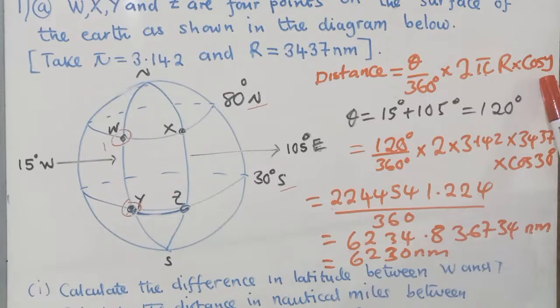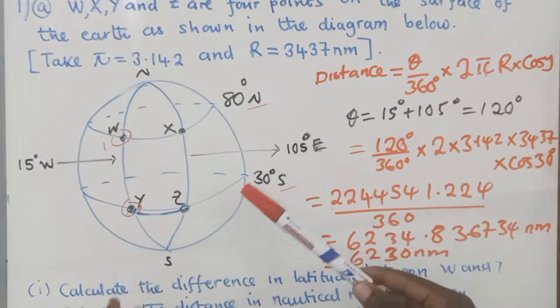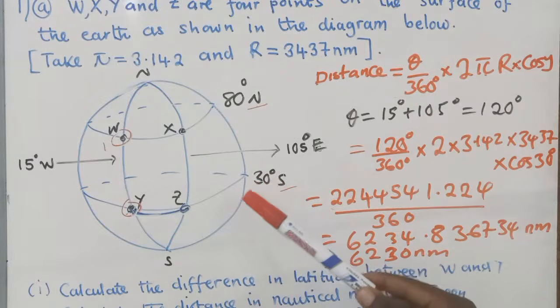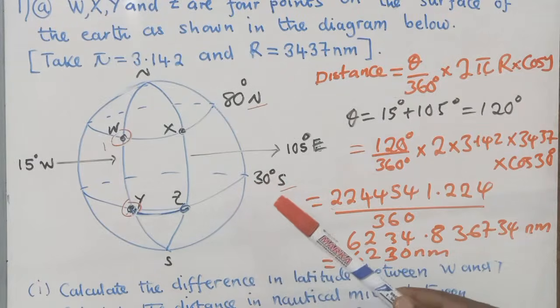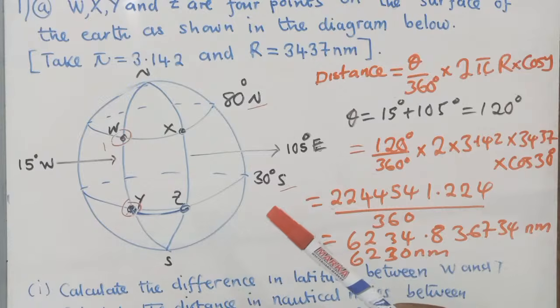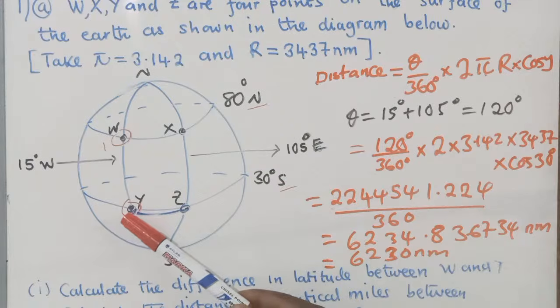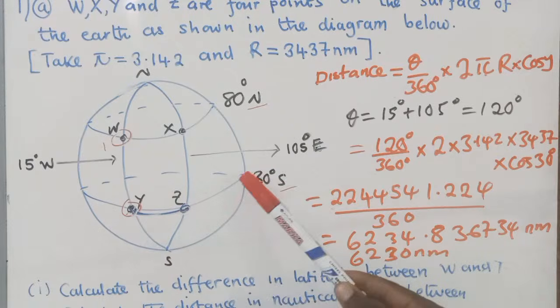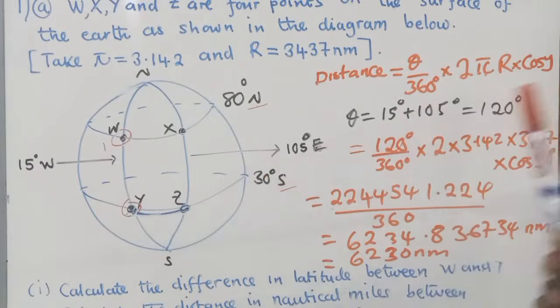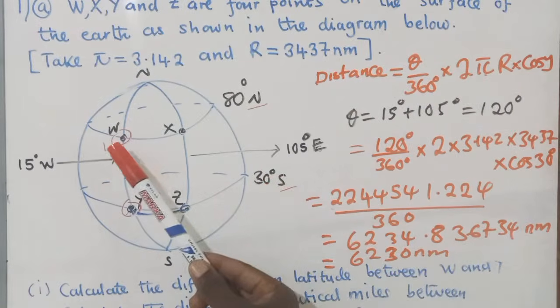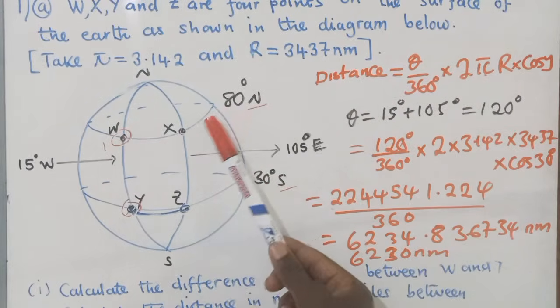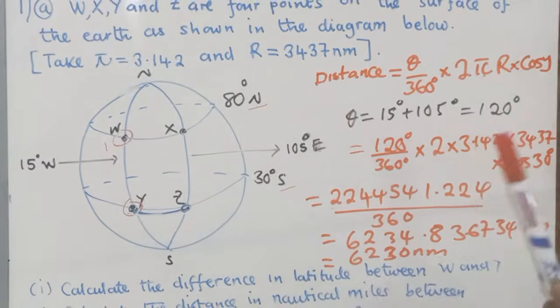And this y should be the name of that latitude where the distance is happening, because these latitudes have got names. For example, this distance, because they said we find distance between y and z. What is the name of this latitude? It's 30 degrees. So this is where you need to put cos 30. If it was between W and X, it was supposed to be 80 degrees.